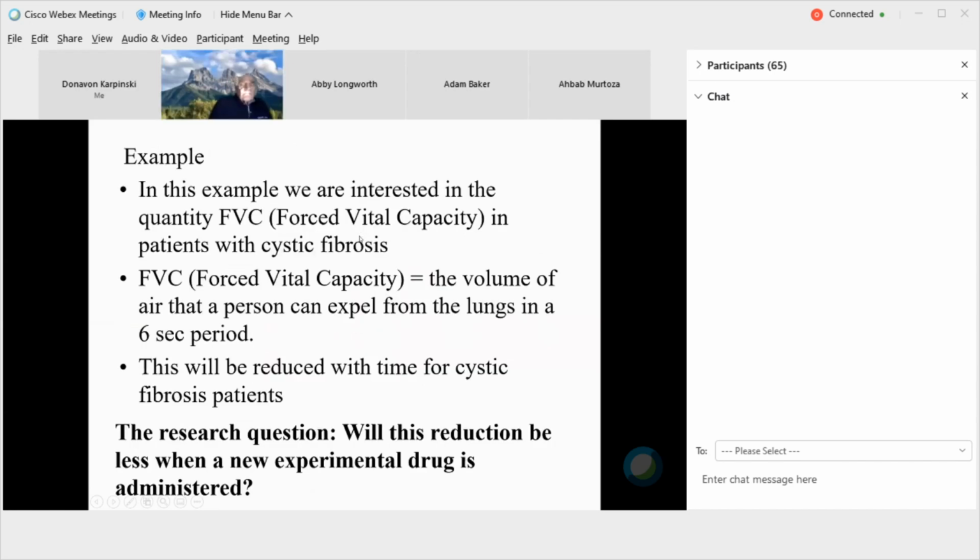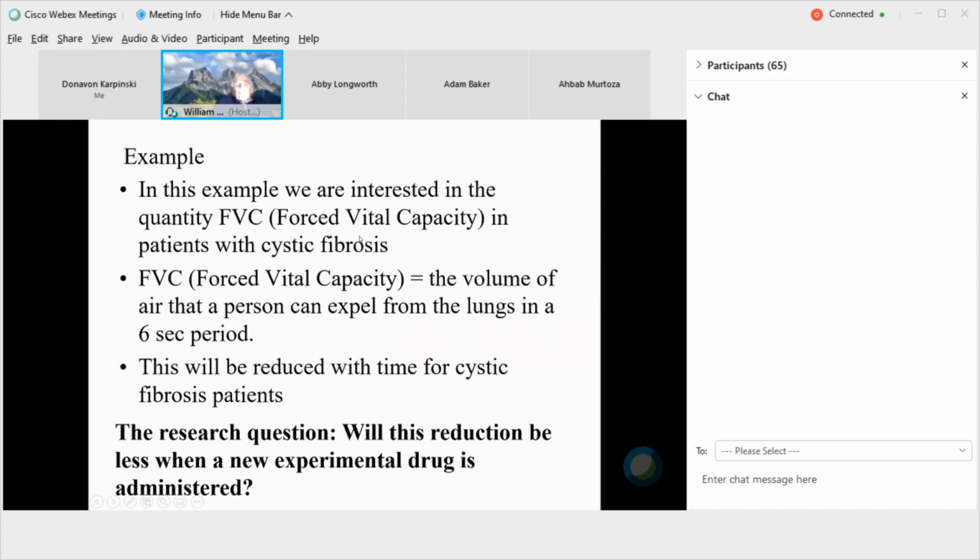Here's an example. The quantity we are measuring is in patients who have cystic fibrosis, and we're measuring forced vital capacity. This is the volume of air that the person can expel from their lungs in a 6-second period.